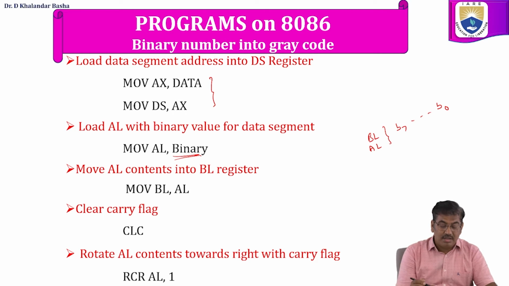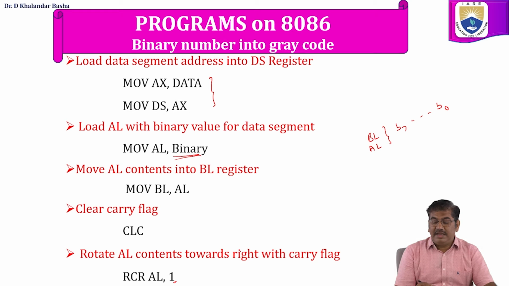Next, we will shift the contents of AL towards the right by 1 bit along with the carry flag for generating the gray code. For that we use the instruction RCR. The register we are rotating is the AL register, along with the carry flag, only one time. So we write RCR AL, 1.